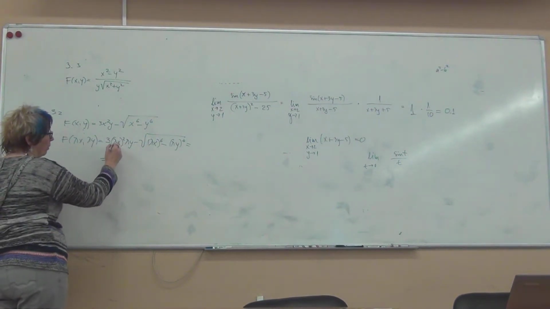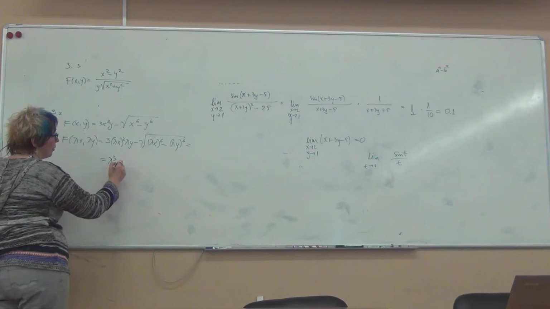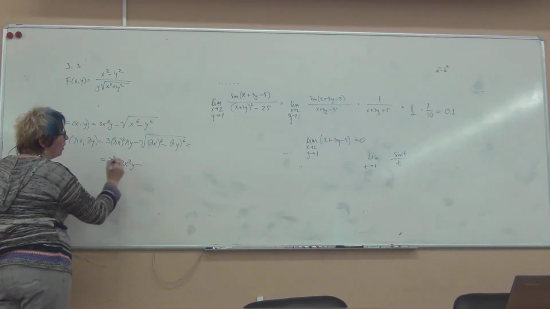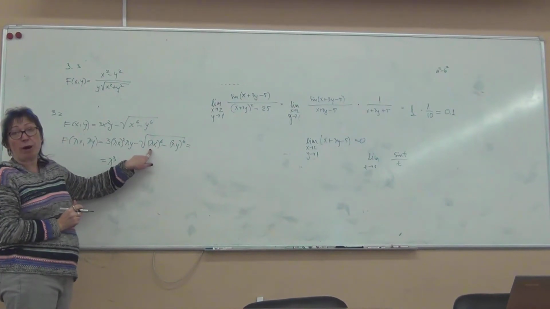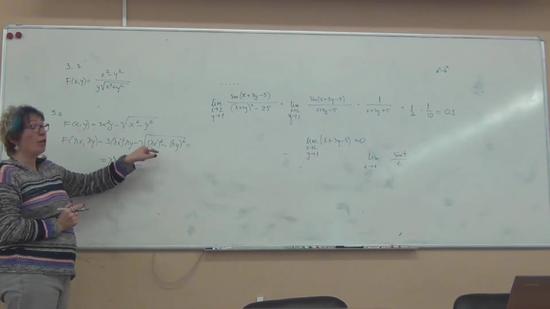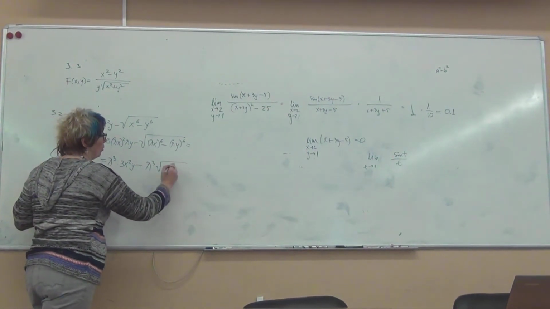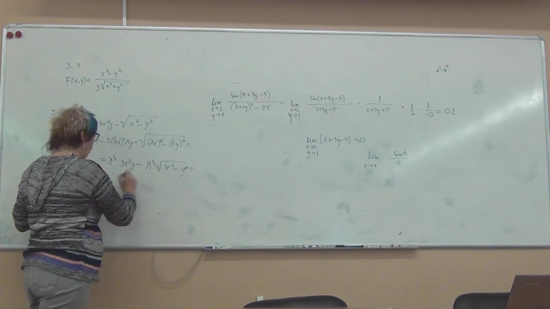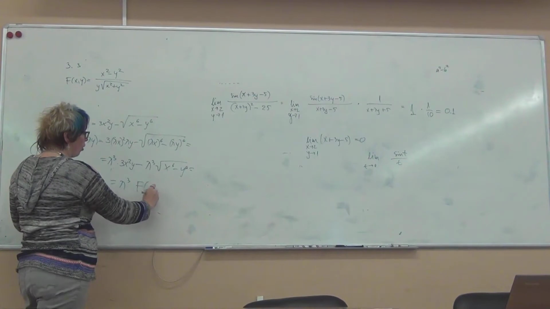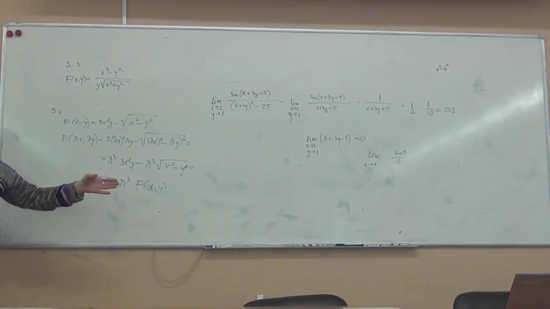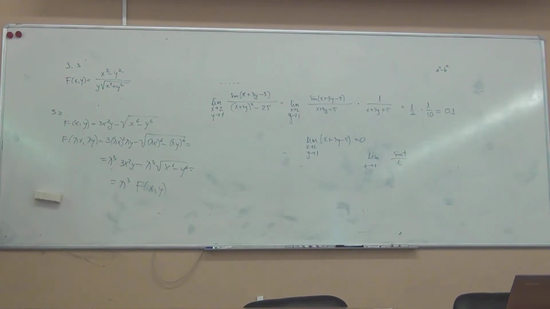This will give us lambda cubed times 3x squared y minus, here we have lambda to the 6th power under the root, the common factor. If we take it outside, it becomes lambda cubed. So it's lambda cubed times the square root of (x to the 6th minus y to the 6th), which is lambda cubed times f of xy. So yes, it is homogeneous. In this one, we would get the same f of xy, so lambda to the 0 power, so that's not a big problem.